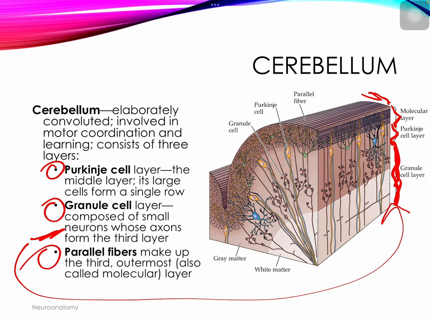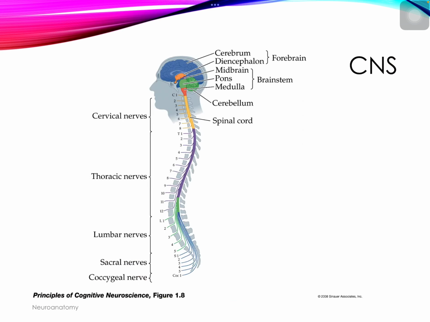And so this is the outermost layer, the one that has all the ridges, also called parallel fibers. Just a really interesting structure in terms of what these neurons look like. And we'll get more into some of the function later on. This is just kind of really basic stuff to know, that it's not just balance that the cerebellum is involved with.